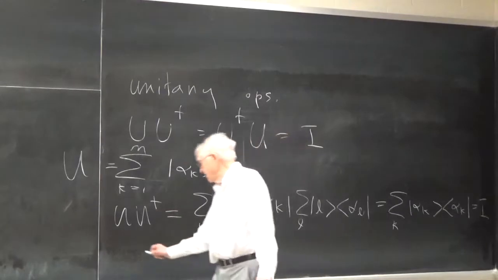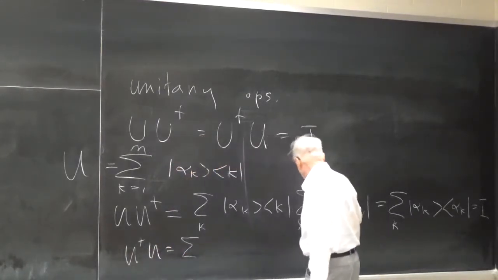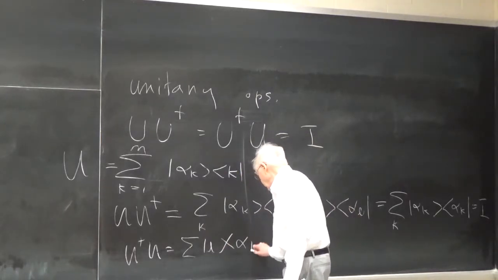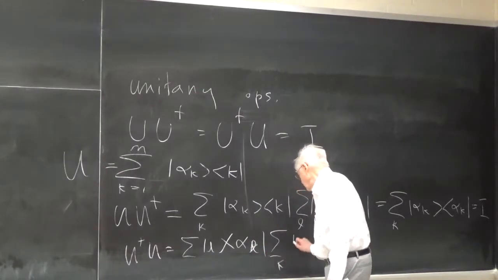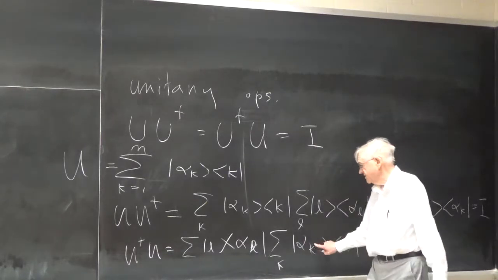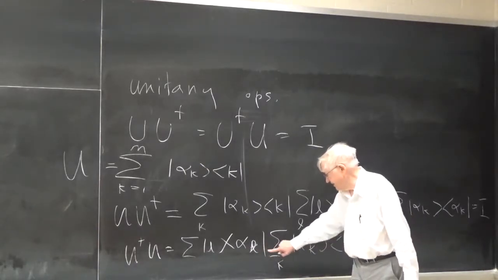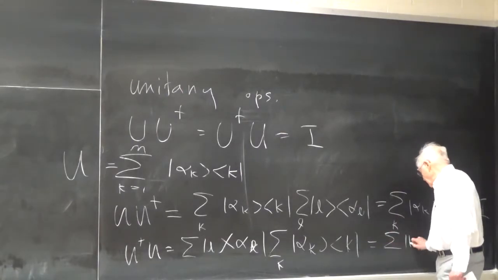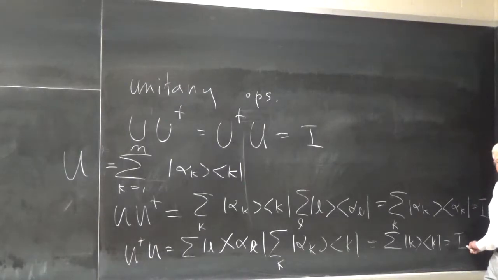Similarly, u dagger u is the sum of these terms, L, alpha L, summed on k, alpha k, k. These are orthonormal vectors, so that gives you delta KL, and we have then a sum k, which also is the identity operator.